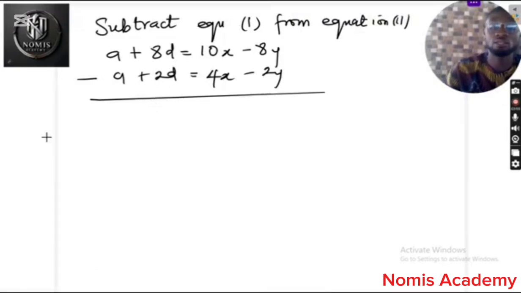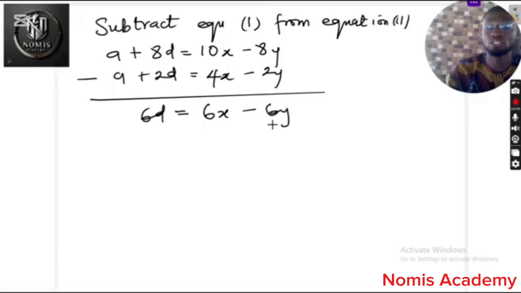A minus a is 0. 8d minus 2d is 6d, equals 10x minus 4x, that's 6x, minus 8y minus minus 2y. Minus times minus will give me plus, right? So minus 8y plus 2y will be minus 6y.